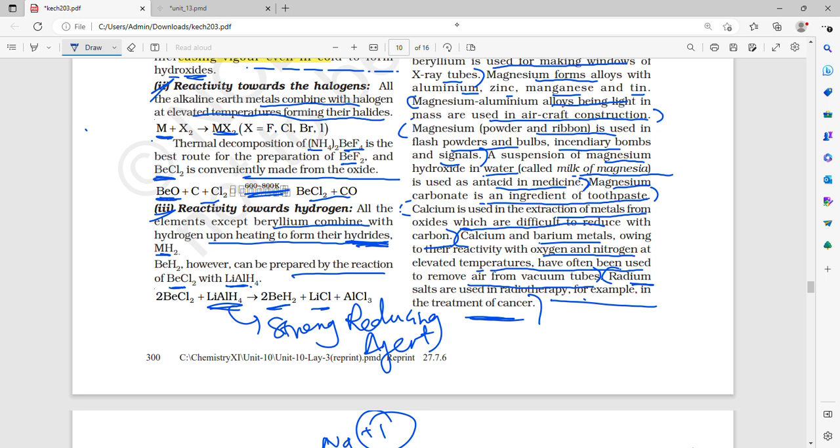But BeH2, however, can be prepared by the reaction of BeCl2 with LiAlH4, which is a reducing agent. So BeCl2 plus LiAlH4 give you BeH2.